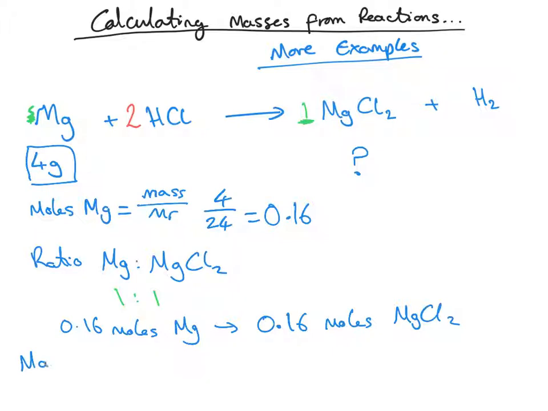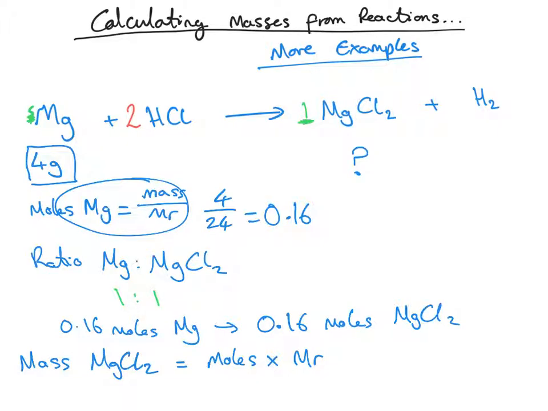Finally, I want the mass of magnesium chloride. Therefore, I do moles times Mr, because it's just rearranging this formula. So my moles were 0.16, and my Mr of magnesium chloride, well, magnesium is 24, chlorine is 35.5, but there's 2 of them, so 24 add 71 equals 95.